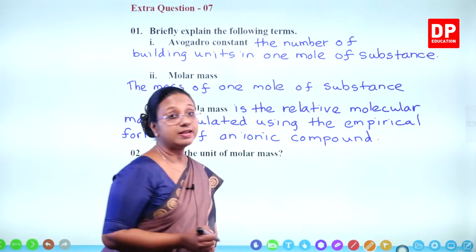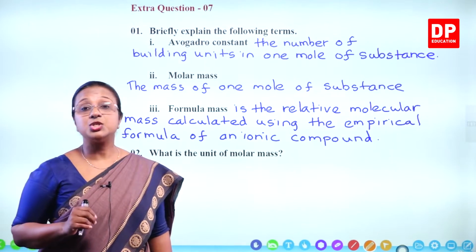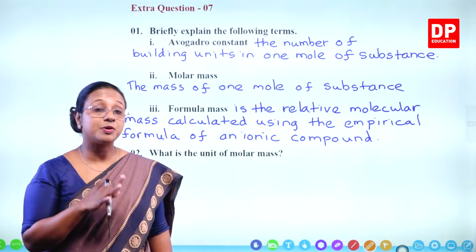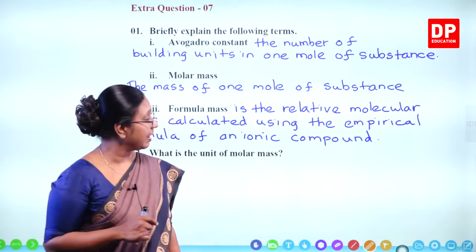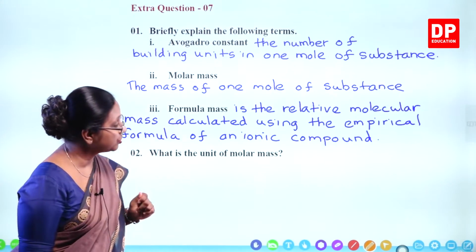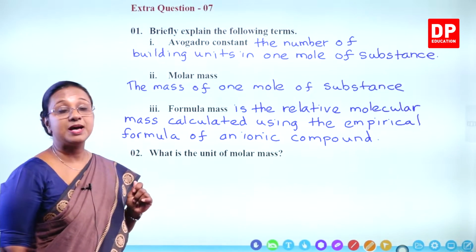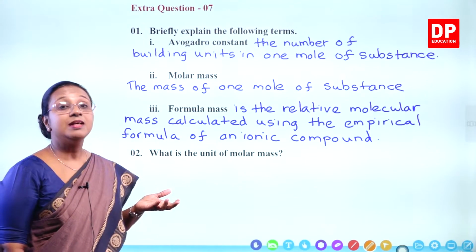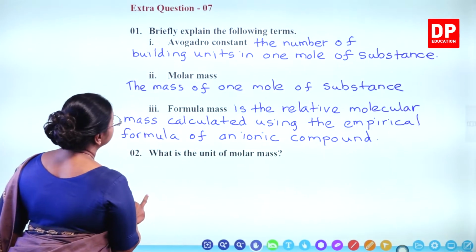So you know what an empirical formula is. The ratio, the simple ratio between the positive ions and the negative ions of an ionic compound. So when you calculate the relative molecular mass using the empirical formula, we call it the formula mass. What is the other name? The relative formula mass.